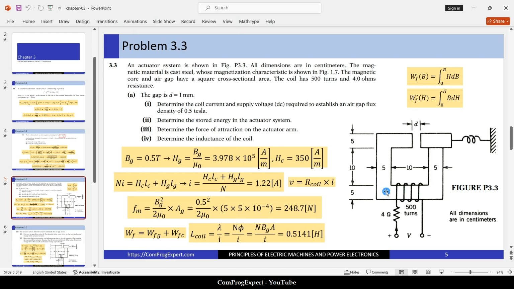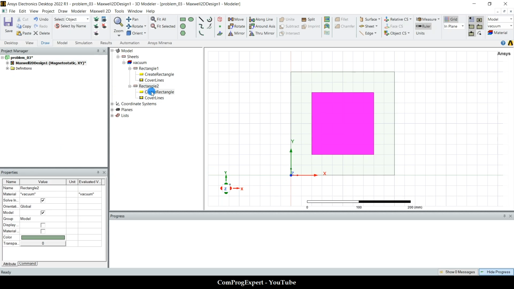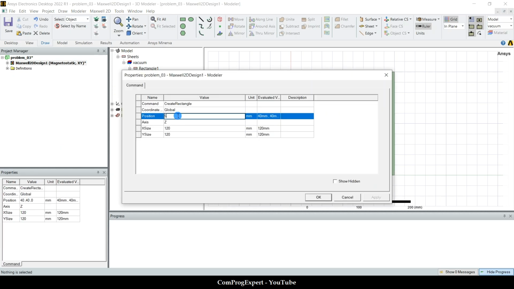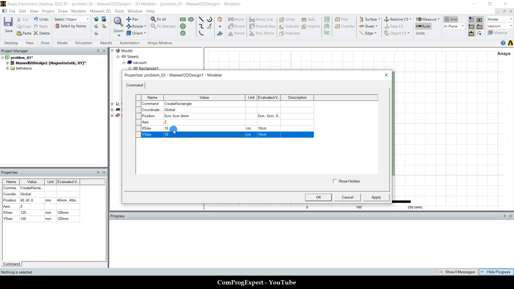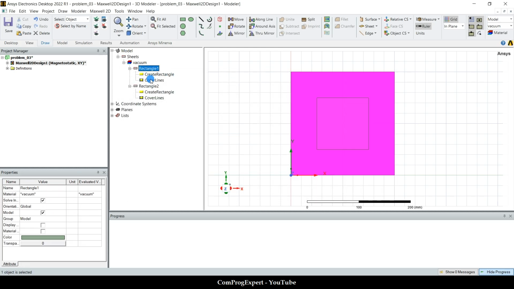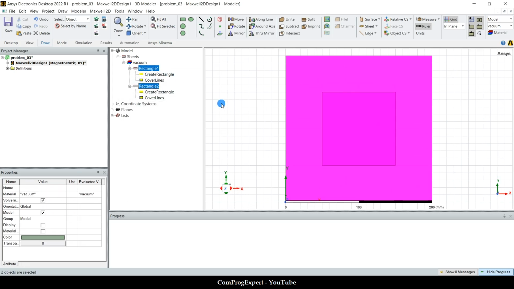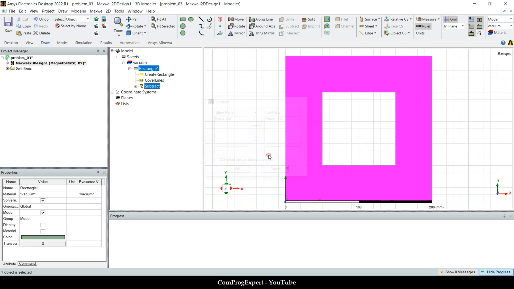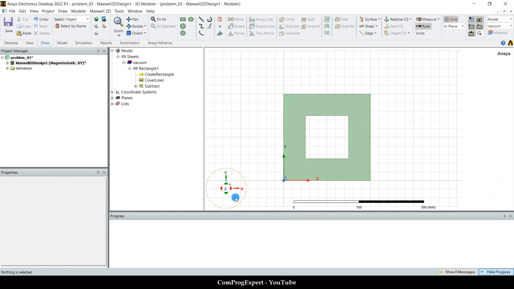The thickness of the vertical and horizontal limbs are the same, 5 centimeters. All dimensions are in centimeters. So here I can write 5 and 5 and 0. This is 10 and 10. Perfect. So let's subtract these two objects.